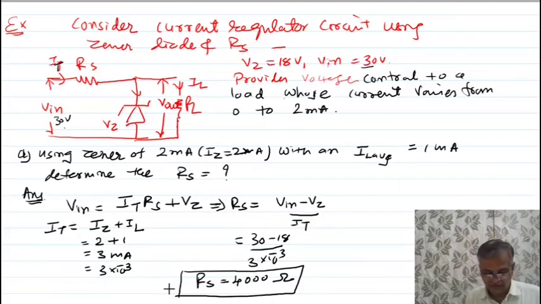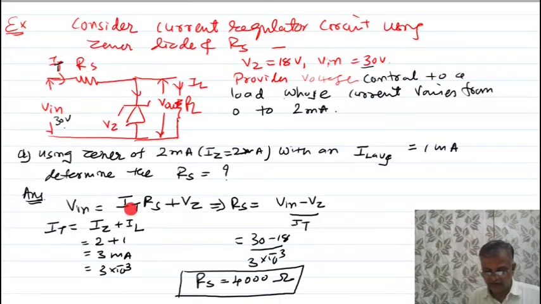What is the first question? Using Zener of 2 milliampere, means Zener test current is required, 2 milliampere. With an average load current of 1 milliampere, determine the value of RS. So I am writing V in is equal to IT into RS plus VZ.